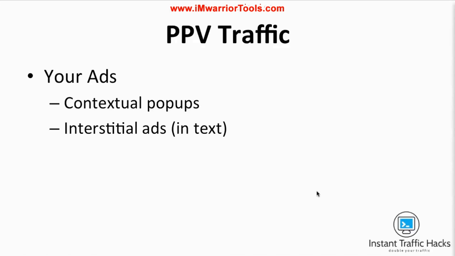Okay, so the contextual pop-ups are pop-ups that show up when the user of the software is browsing around and happens to search for a specific keyword or keyword string, or even visit a specific URL, depending on how you've targeted your ad.